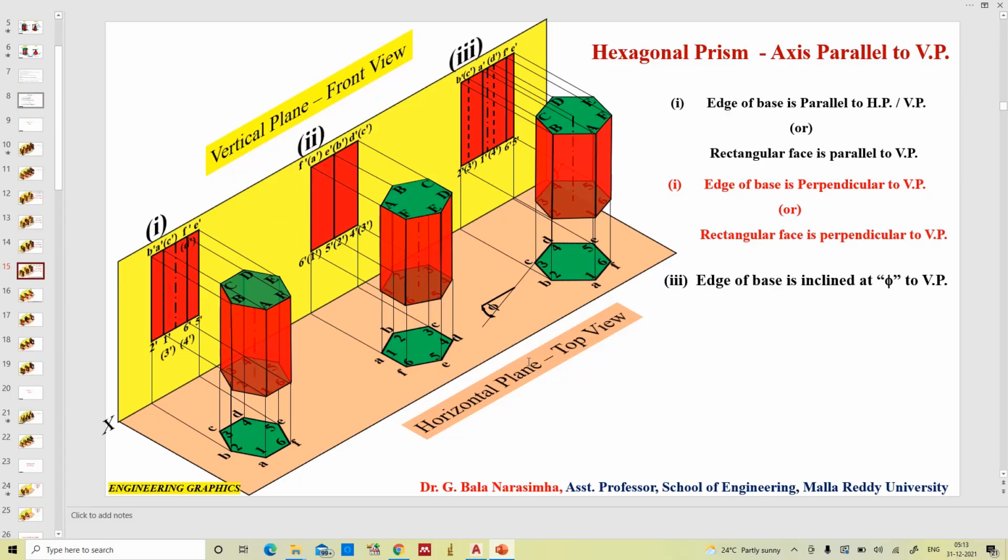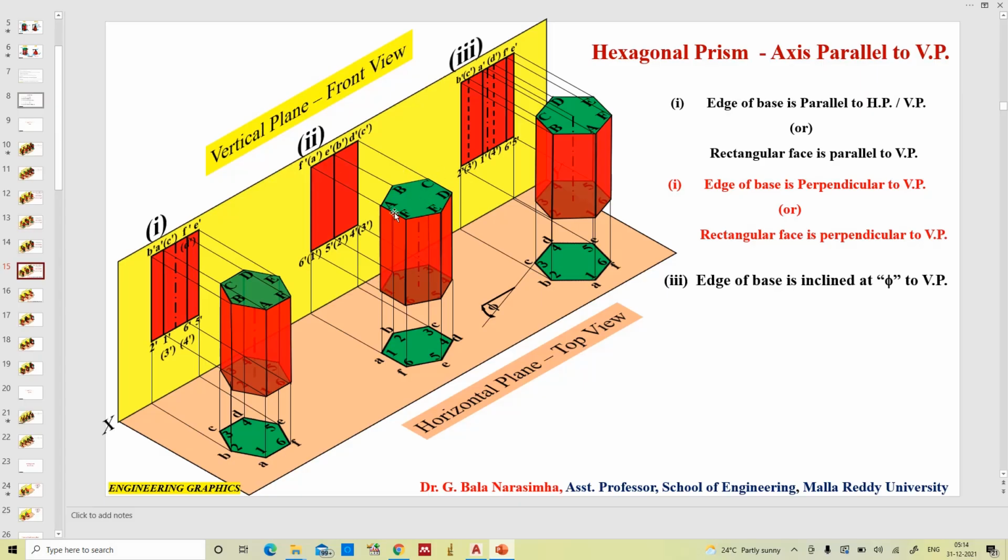When you observe from this direction, these three edges F6, E5, D4 will be clearly visible to the observer, whereas A1, B2, C3 are invisible from this direction. So the 3 visible lines and 3 hidden lines will overlap each other.